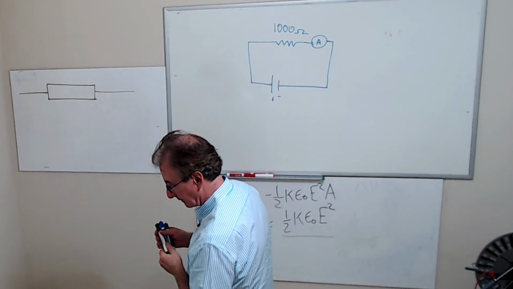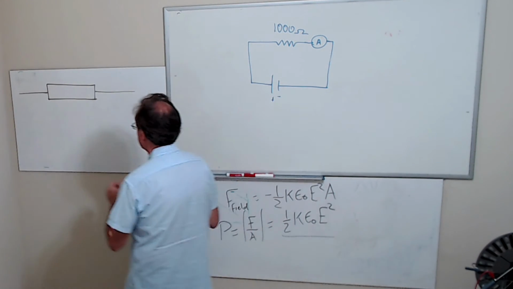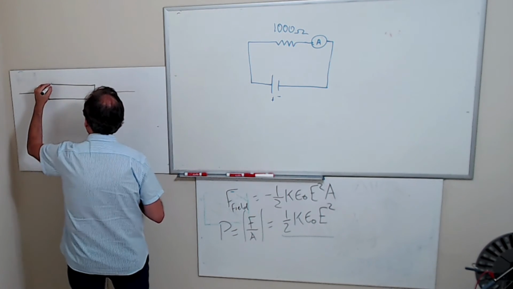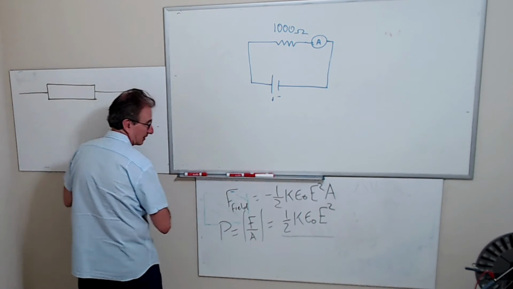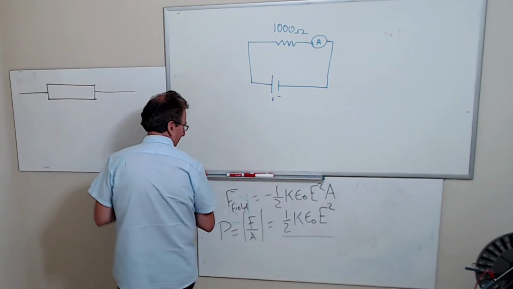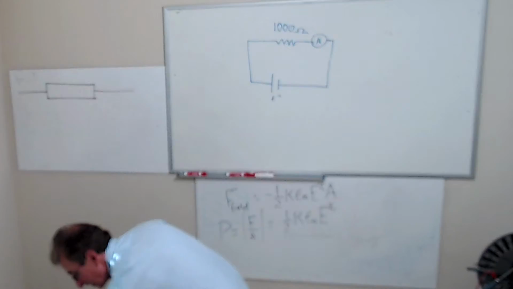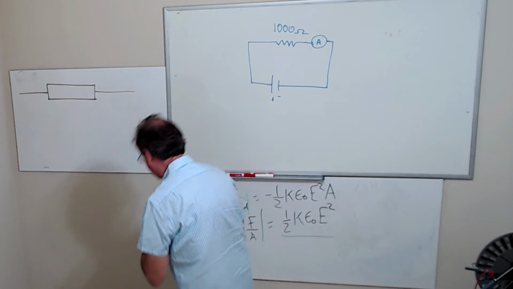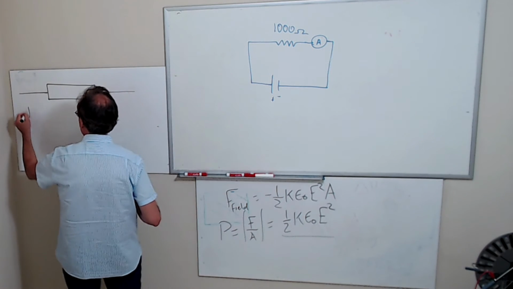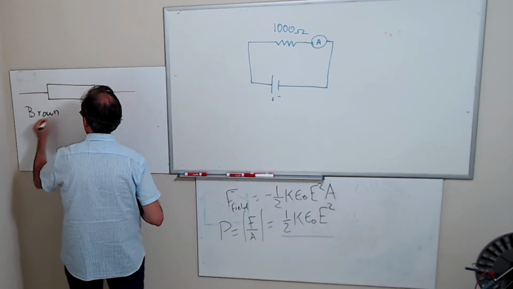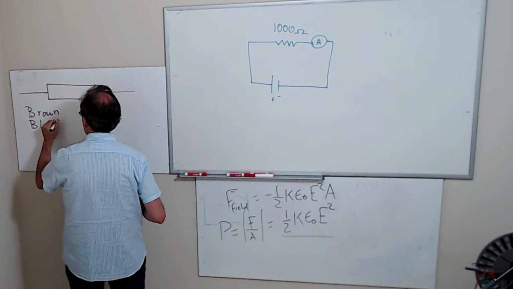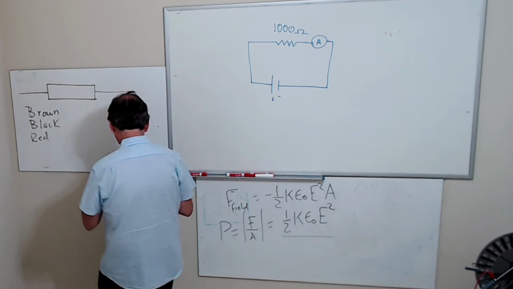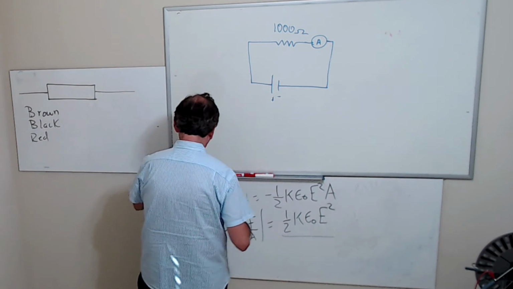So the 1 kilo ohm resistor will be, I don't have brown, so I'll just tell you the colors because I don't have a brown color. It'll be brown, black, red. And then, so there'll be 3 bands.